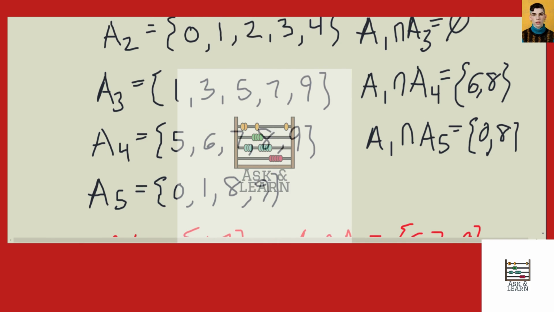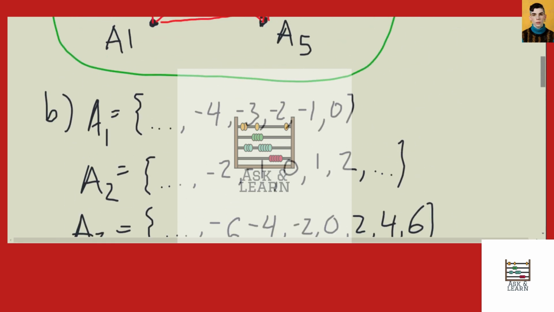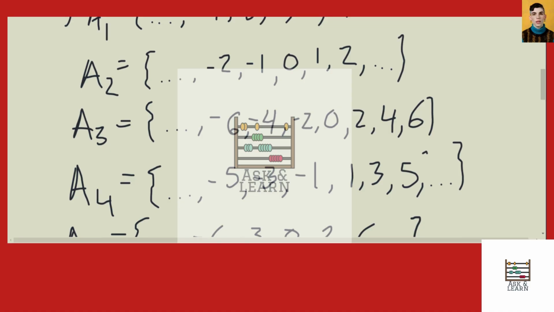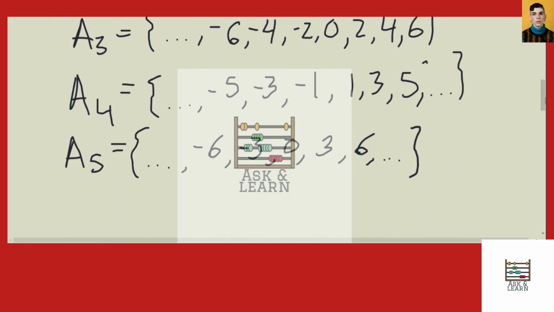In part B, we're given the collection of sets: A1 equals the negative integers, A2 is the integers, A3 is the even integers, A4 is the odd integers, and A5 is the integers mod 3.